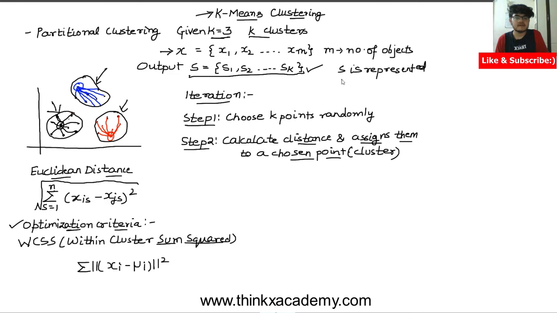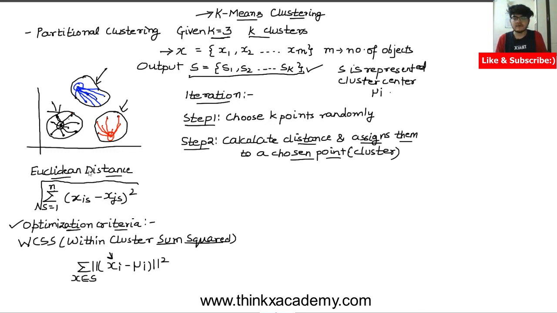So we represent a cluster S by its cluster center, which is given by mu_i. So we have the cluster center and x_i represents the points that are there, right? The data objects. We calculate the square sum distances where x belongs to S, right?